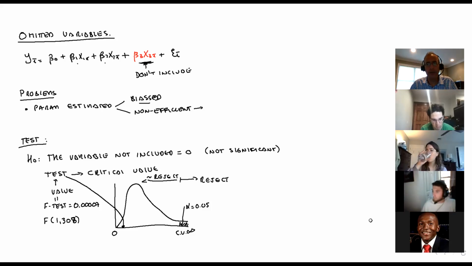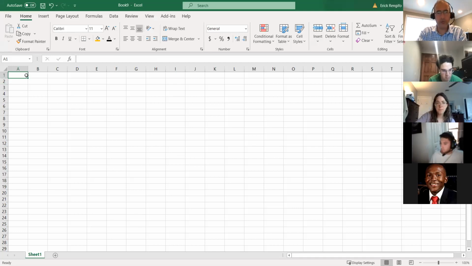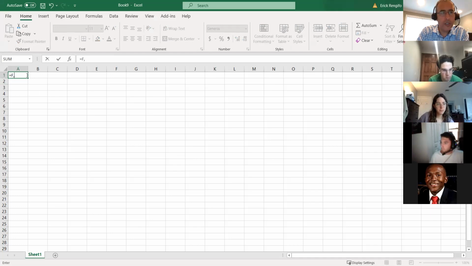Here we go. Okay, so let's do equals F dot inverse, probability 0.05, degrees of freedom 1 and 308, correct?